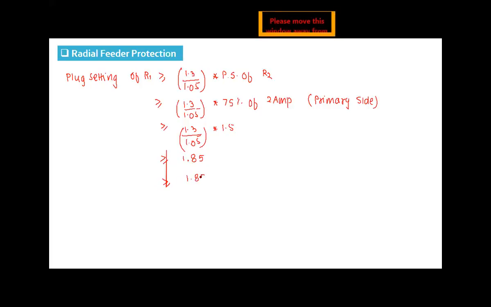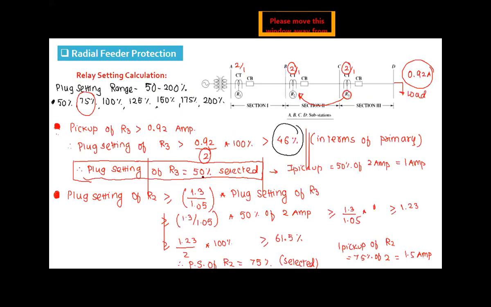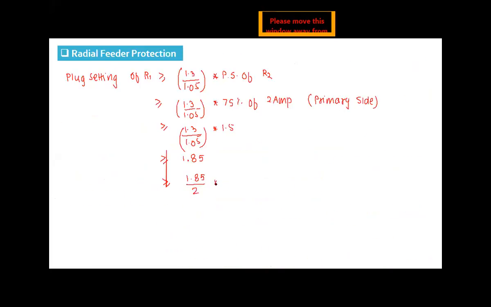And if we find it in terms of percentage, divide by the CT ratio of R1 primary, that is 2. What will it be in percentage?